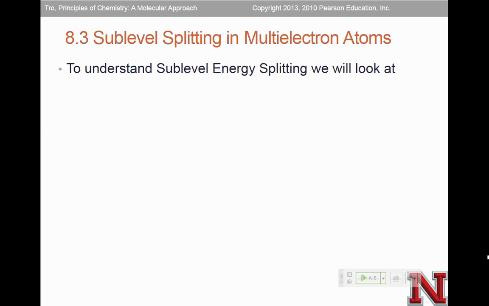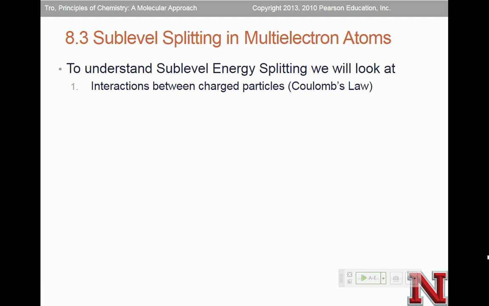So to understand our sublevel splitting, we're going to look at this a little bit more clearly. We're going to look at the interactions between our charged particles, which is Coulomb's law. Remember, like charges repel, opposite charges attract. And remember, what charges our nucleus?